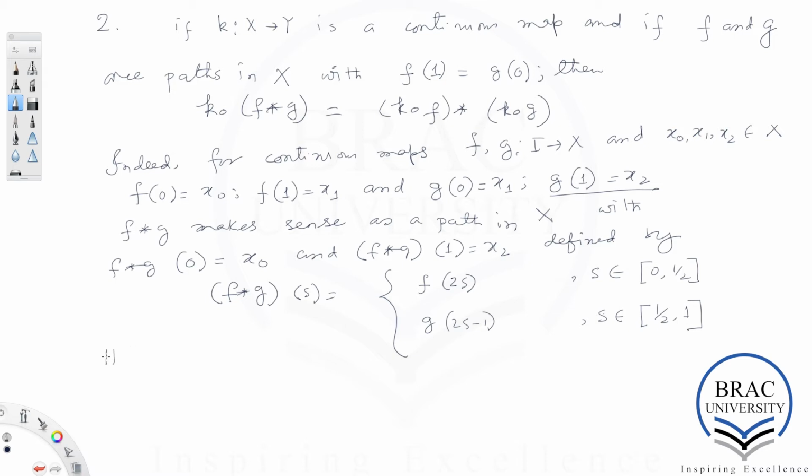Hence, K composed with F star G. F star G is a map from I to X, right? It's a path. And K is a continuous map from X to Y. So K composed with F star G is a map from I to Y, right?